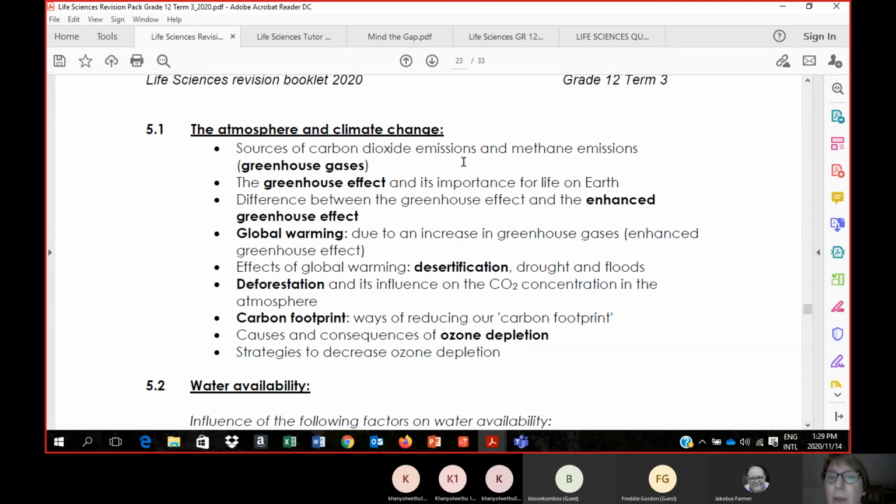Those of you that have been reading the news, you will have seen all those wildfires that we had in America last year, and in Australia especially. And now there's a huge wildfire that is destroying wetlands, and wetlands are carbon sinks, and they are releasing masses of carbon dioxide into the atmosphere.